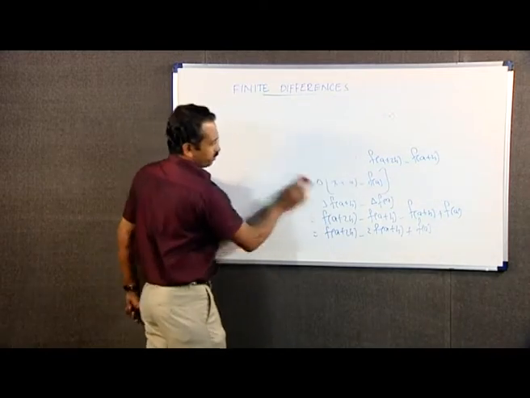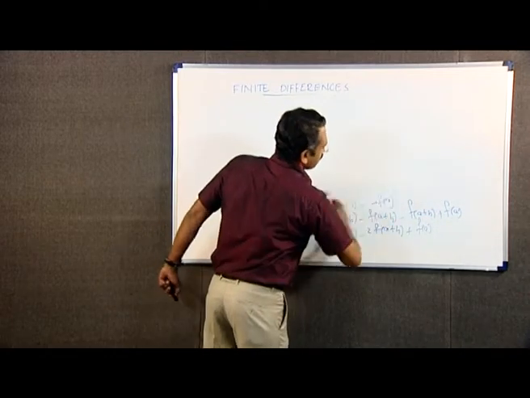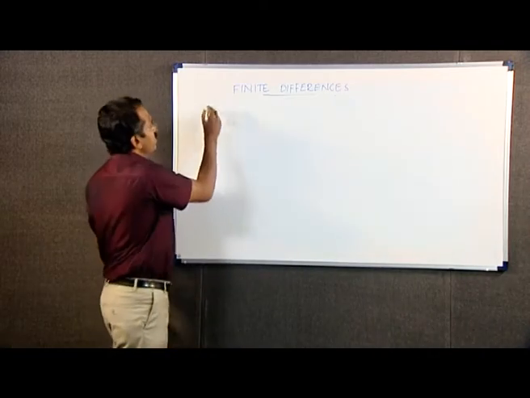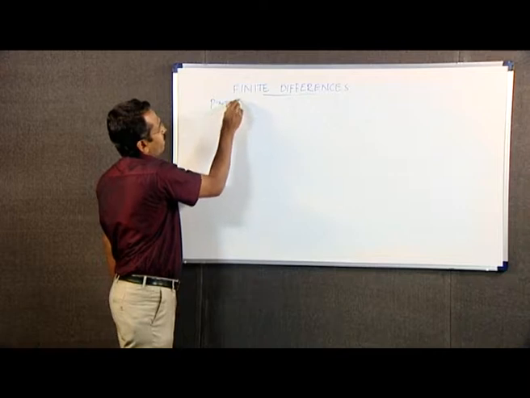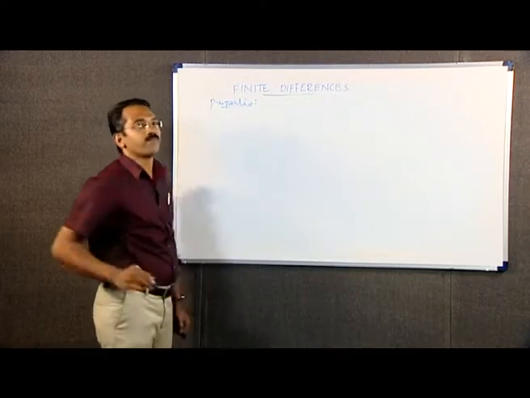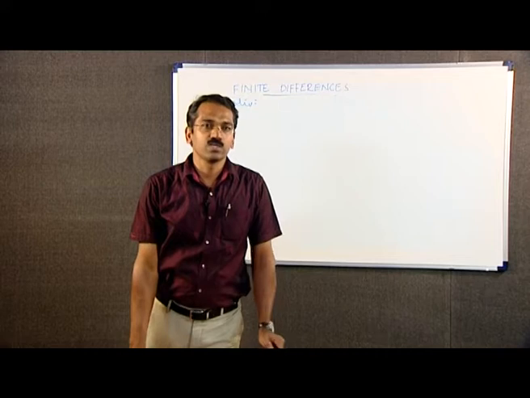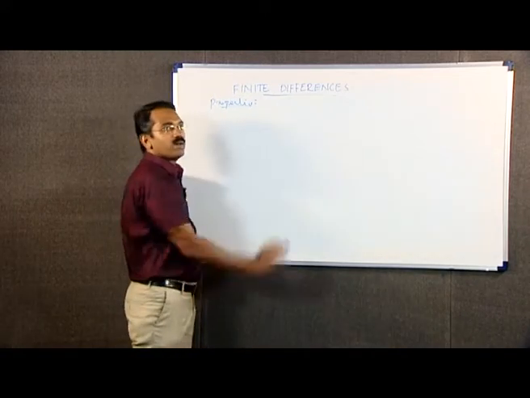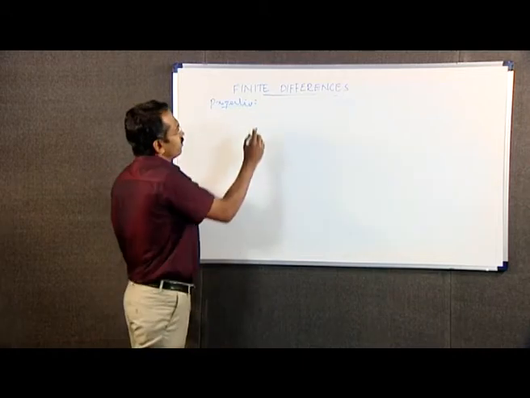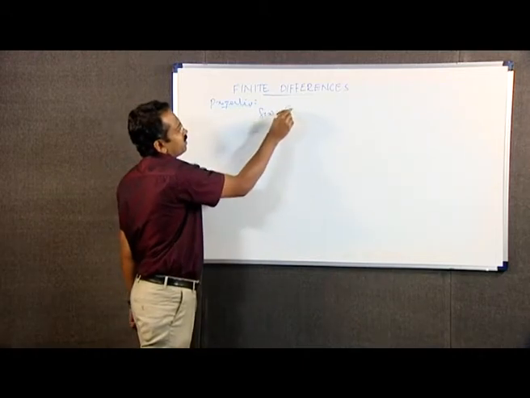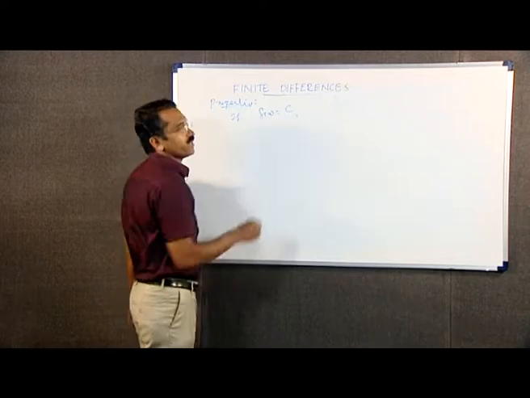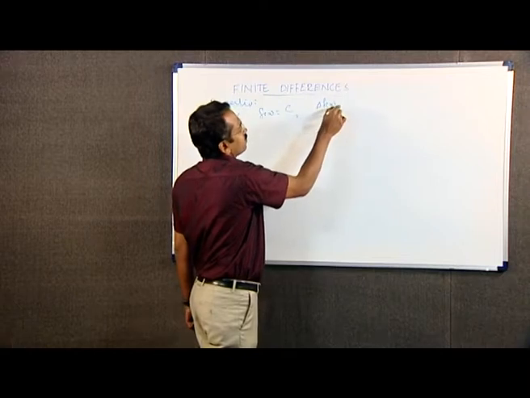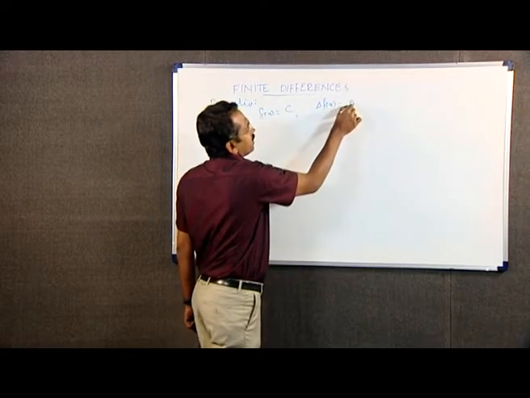Now, let us see some properties of forward differences. First property: if f of x is a constant function, then delta of f of x is 0, that is delta c equal to 0.